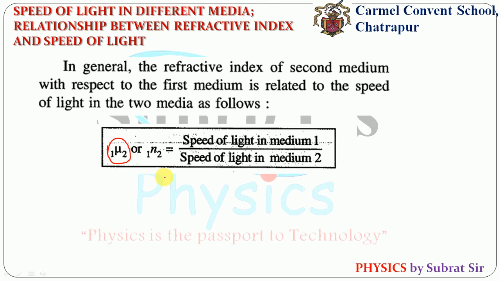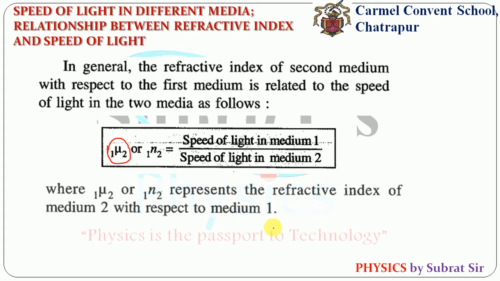Here 1 mu 2 represents the refractive index of medium 2 with respect to medium 1.